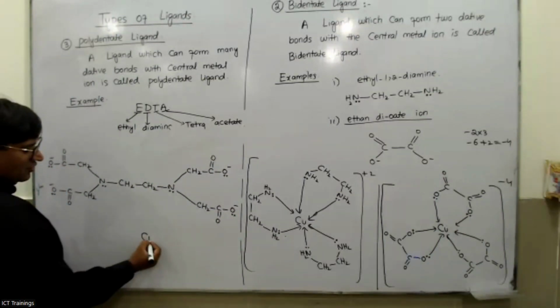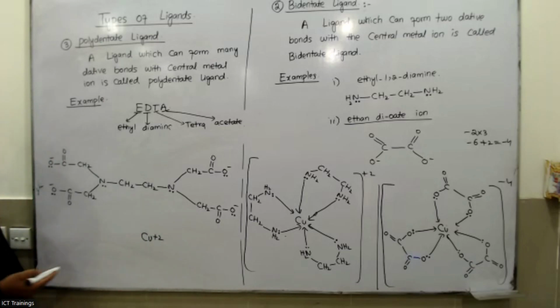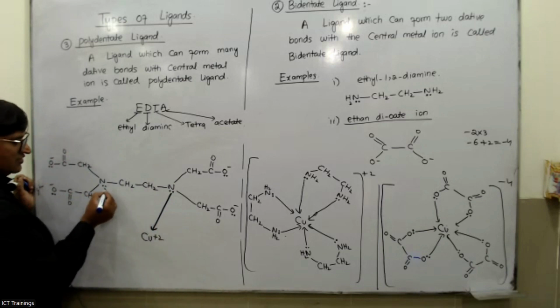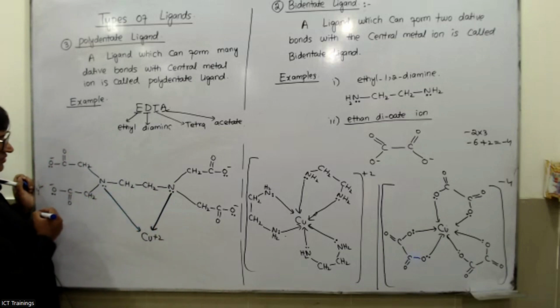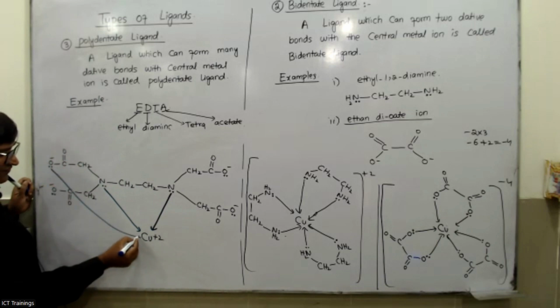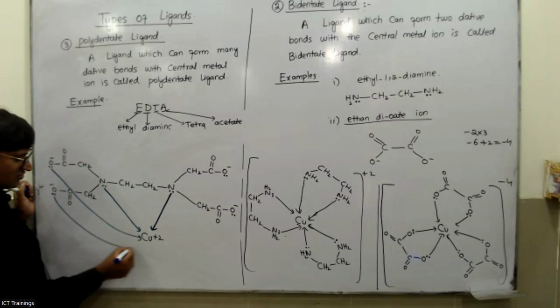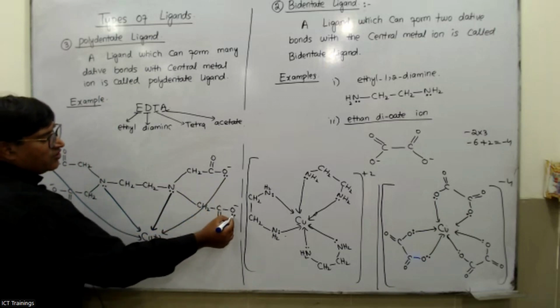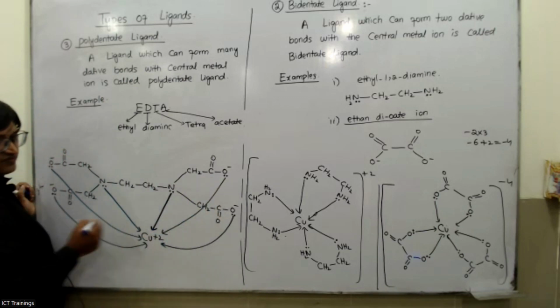So if you got the copper plus 2 ion, let's suppose, it can form dative bond. This nitrogen can form dative bond. This nitrogen can form dative bond. This oxygen can form dative bond. This oxygen can form dative bond. This oxygen can form dative bond, and this oxygen can form dative bond.